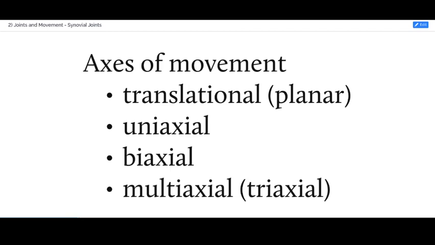And then uniaxial joints are those that have a single line drawn through them, and all movements are around that one line, that one axis. Biaxial would be 2 lines drawn through at 90 degrees to each other, and then multiaxial or triaxial would be where a third line is drawn at 90 degrees to the other 2 represented in a biaxial joint, and there'd be movement around all 3 of those.